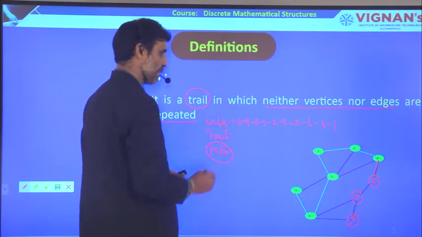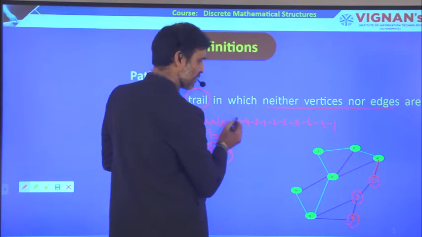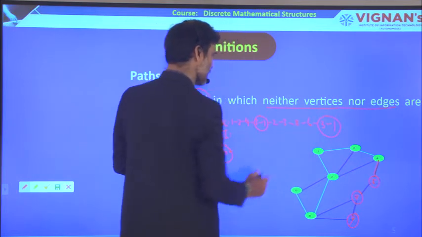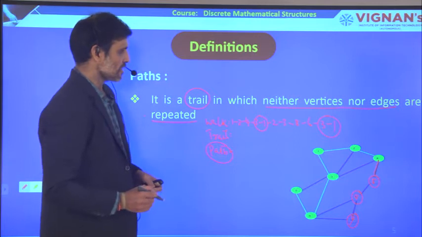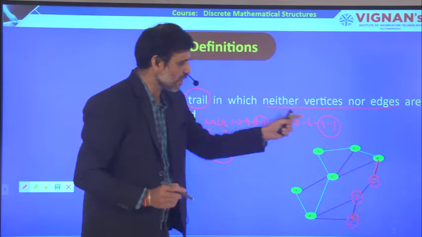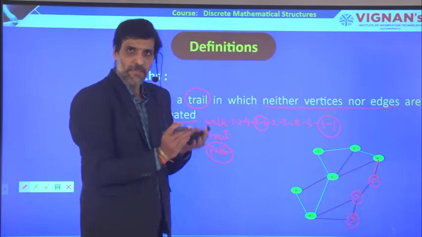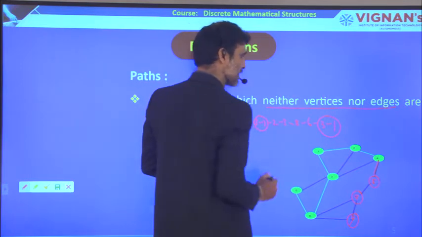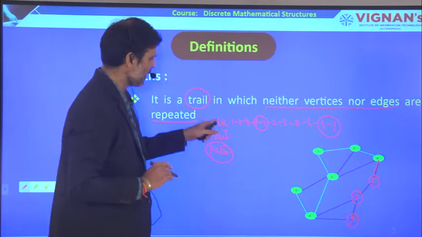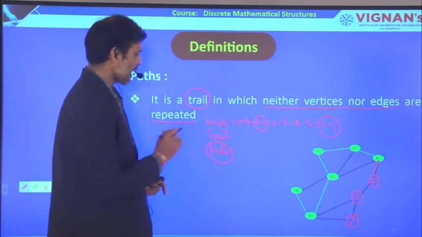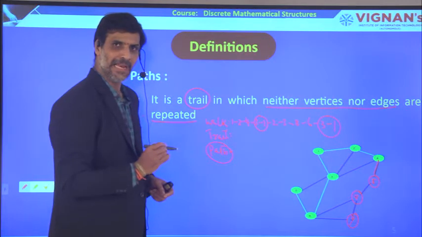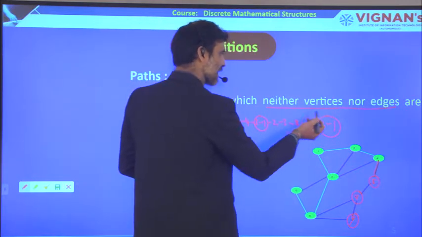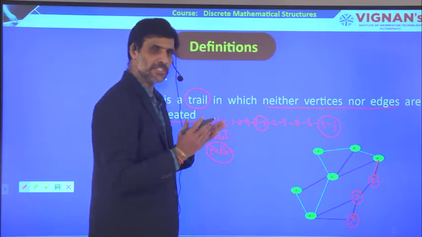So vertices are repeated. And the edge 3 to 1 appears twice, so edges are also repeated. Vertices repeated, edges repeated. And the starting vertex and end vertex are the same, therefore it is called a closed walk. Coming to the trial, it is an open walk. What is an open walk? The start vertex and end vertex of the walk are not the same.